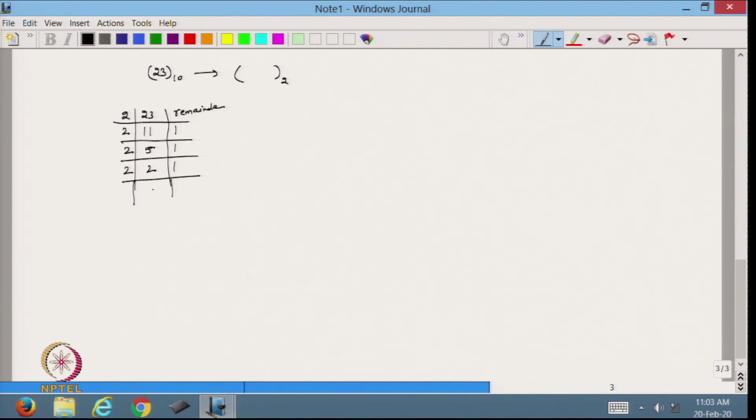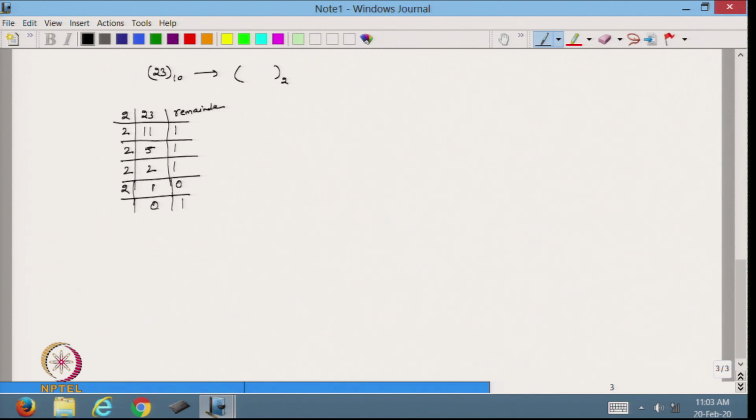So, 2 1 2 will give 0 and the remainder is 0, and then I will again divide by 2. So, it will be 0 and the remainder will be 1.